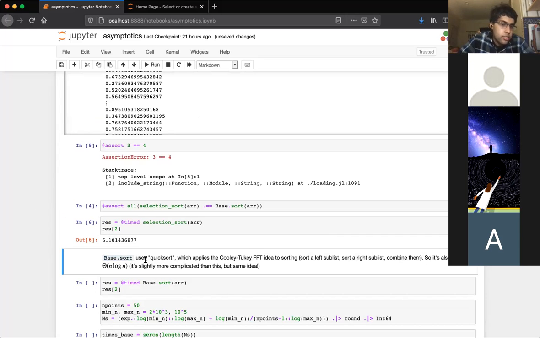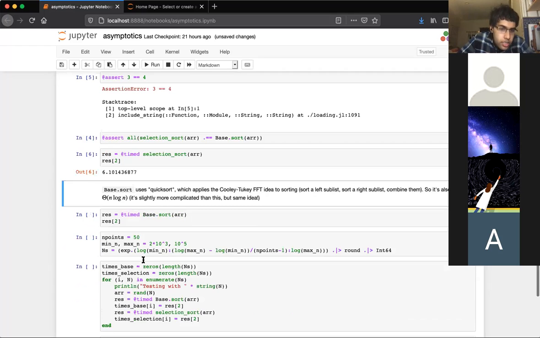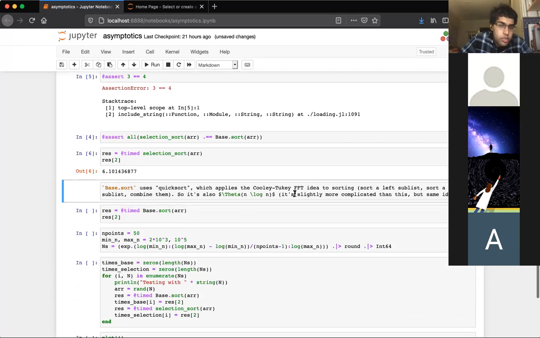Base.sort, the built-in thing to Julia, uses an algorithm called quicksort. It applies the exact same idea we just saw of divide and conquer to sorting. And so it's got a very similar derivation for being, I don't think it's actually theta n log n. I think it might just be omega n log n. And there's some cases where it's n squared.